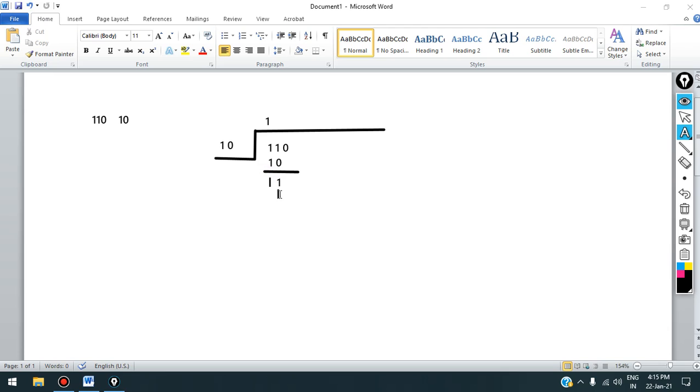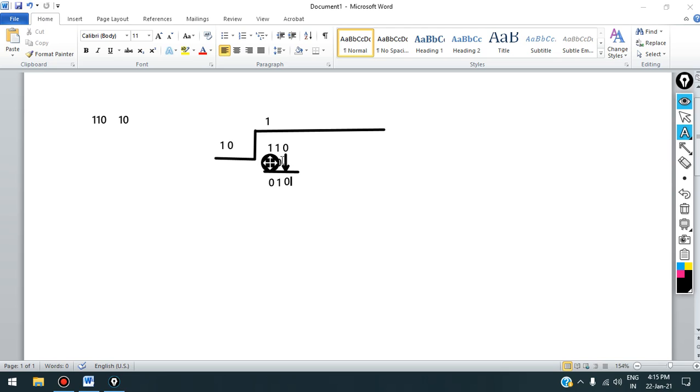So here will be 1 minus 1 is 0. Now, as we had studied in mathematics, we will bring the next digit down here. So next is 0. So 0 is left now, so we will bring this 0 down here. Now it becomes again 10.